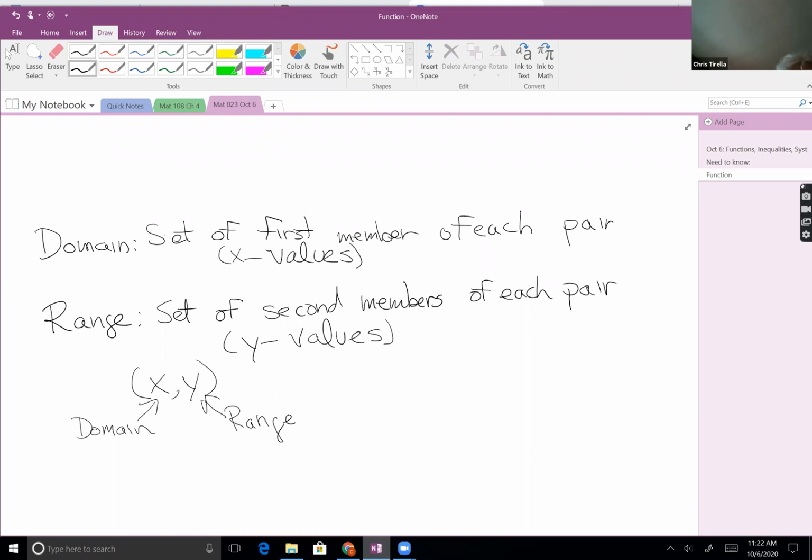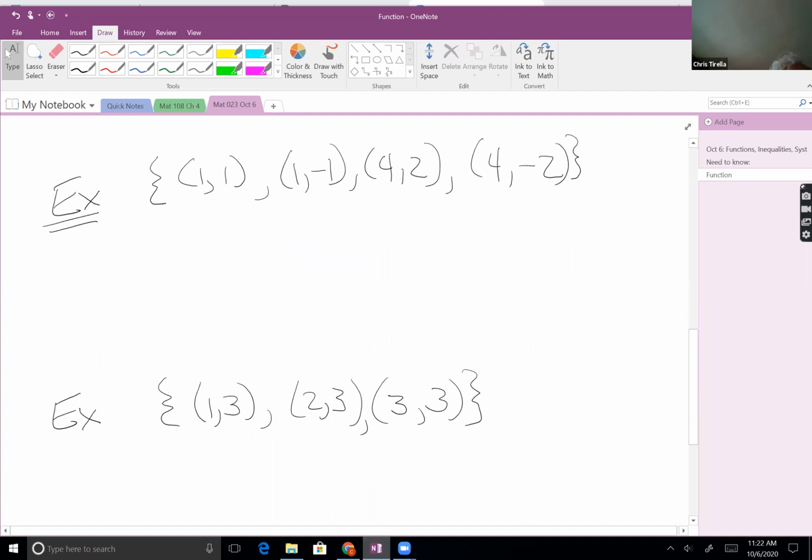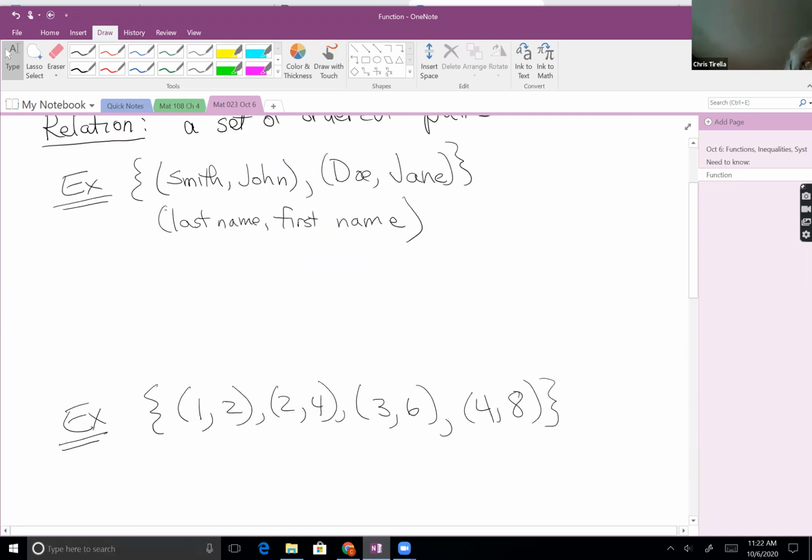And so if everybody's got those definitions down, what I'd like to do is go back and look at each of those relations that we formed and see if we can find the domain for each and the range for each. If I look at the first set with Smith, John, and Doe, Jane, the domain is the first member from each.